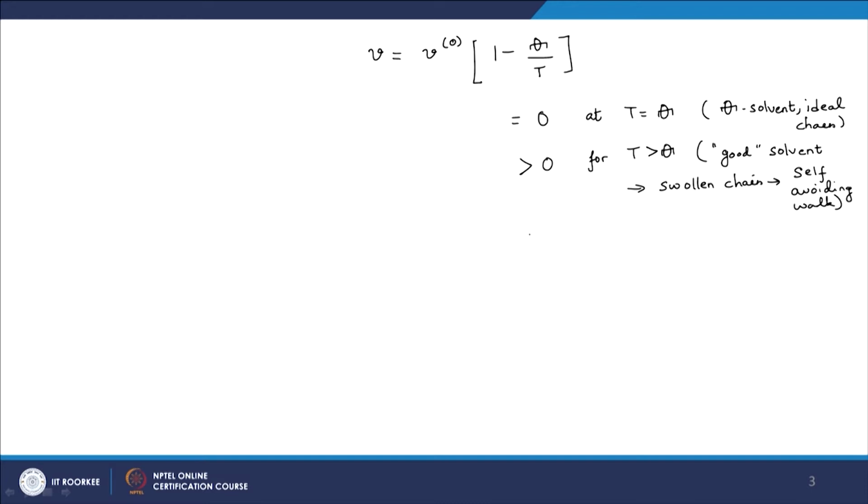And then finally, it can be less than 0 for attractive interactions. For T less than theta, this is known as a bad solvent, and this gives rise to a collapsed chain, which has a much smaller size compared to the ideal chain.